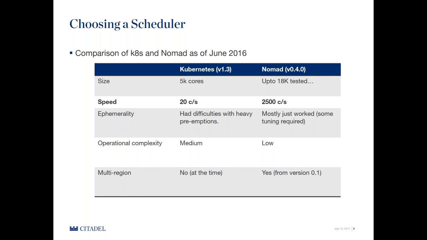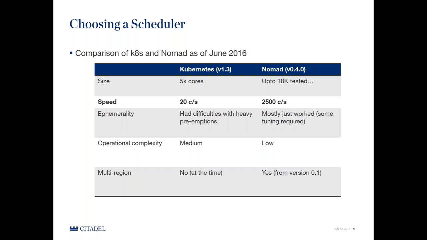The real killer number for us, and what drove a lot of how big a cluster we could actually maintain, was the rate at which we could schedule onto that cluster. Kubernetes at the time, I think it was about 20 containers per second we were able to squeeze out of it. I think we might be able to get a little bit more than that, but probably not double. Nomad was able to do 100 times that, about 2,500 containers per second.